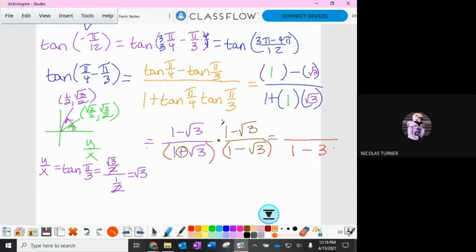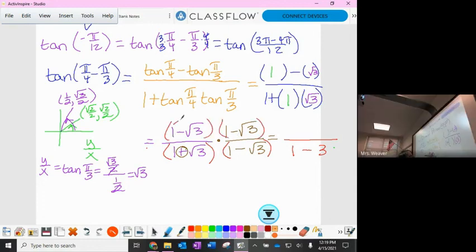In the numerator, you've got to distribute because those aren't factors of a difference of perfect squares. So we get 1, negative root 3, negative root 3, and negative times negative is a positive 3. Combining like terms, that's going to be 4 minus 2 root 3s over negative 2.